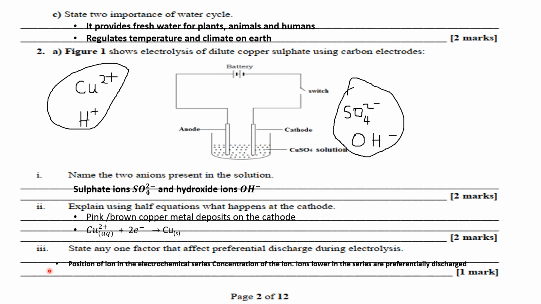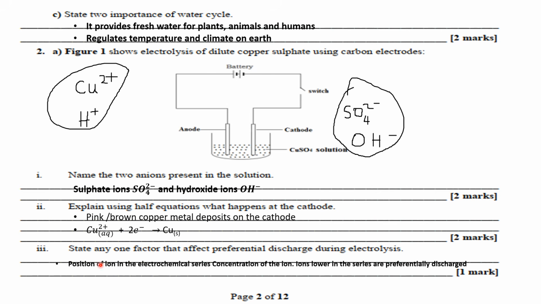One of the factors that affect preferential discharge is the position of the ion in the electrochemical series. Remember, the electrochemical series is a list of the ions in order of increasing ease of gain of electrons, which is reduction, or according to the ease with which the ions are oxidized, which is loss of electrons.